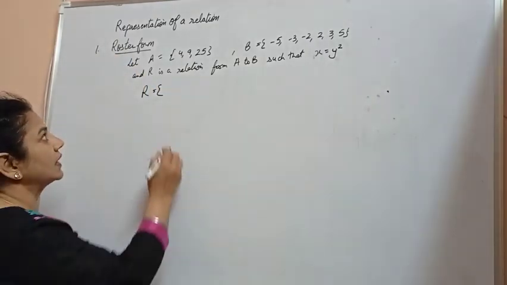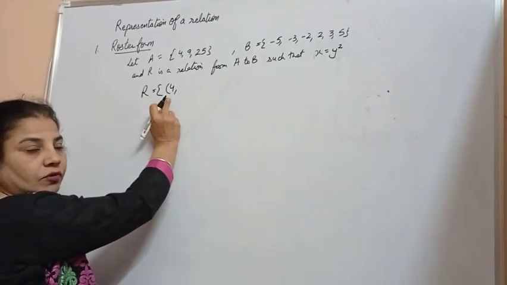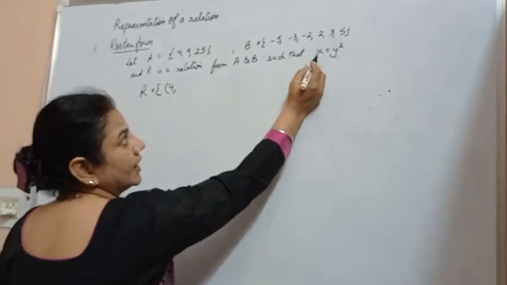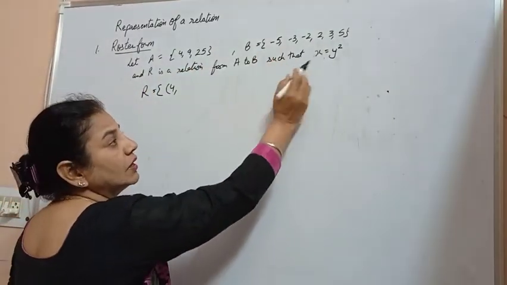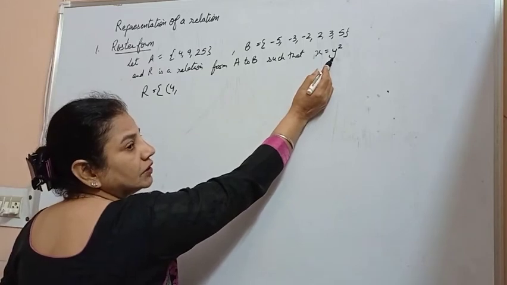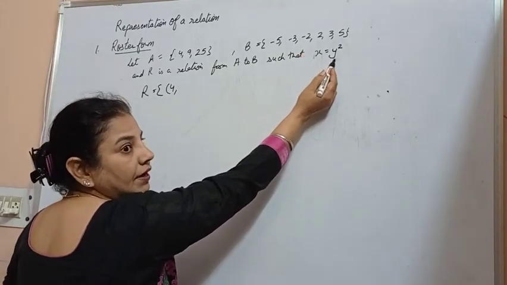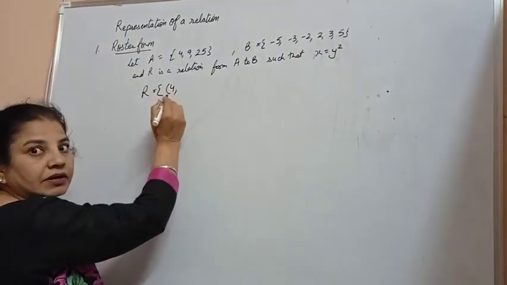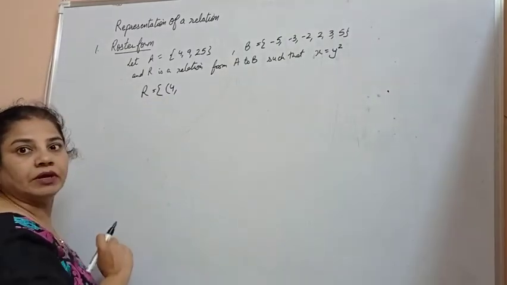is expressed as follows. If I consider element 4, then x is equal to y square, where x is the element from A and y is an element of B. So the value of y should be such that when we square y, we get the result 4.